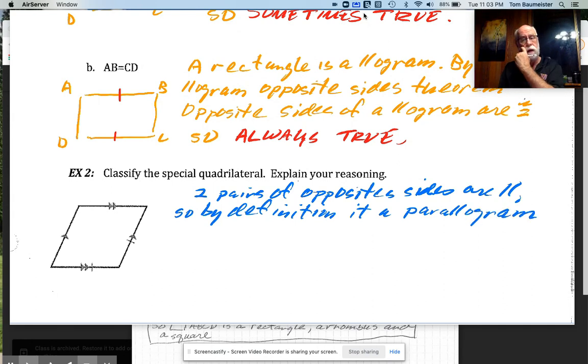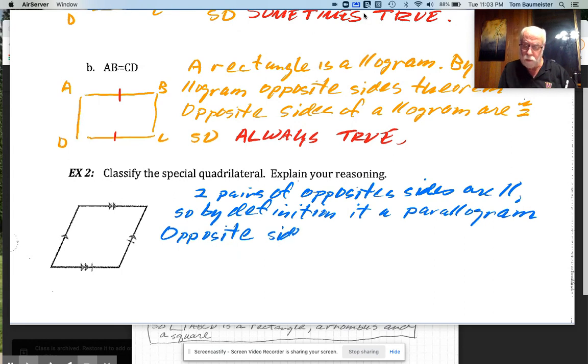So now you see kind of why I use just the two parallel lines instead of writing it all the time. So opposite sides of a parallelogram are congruent.